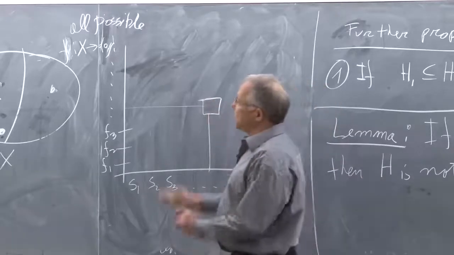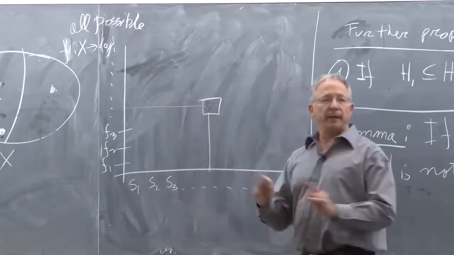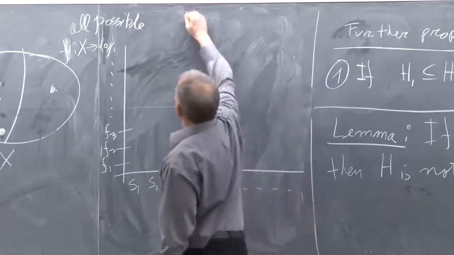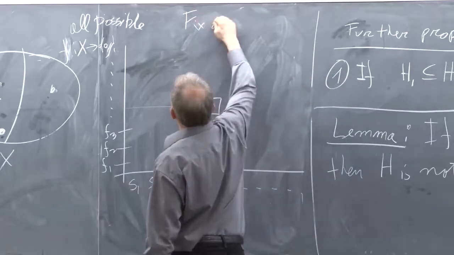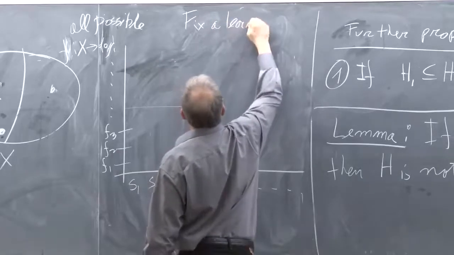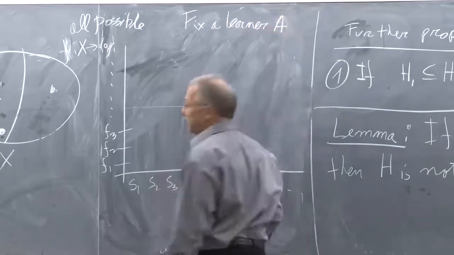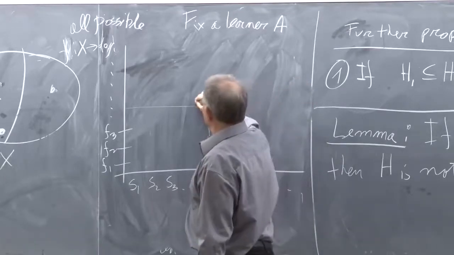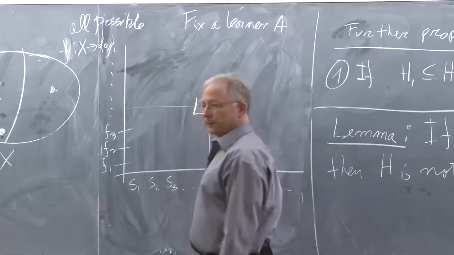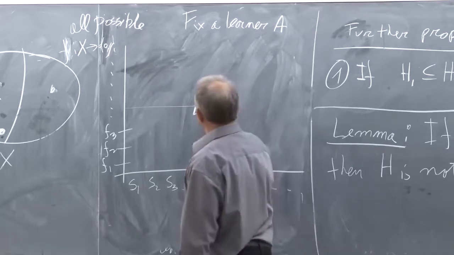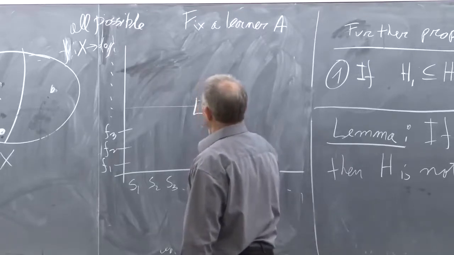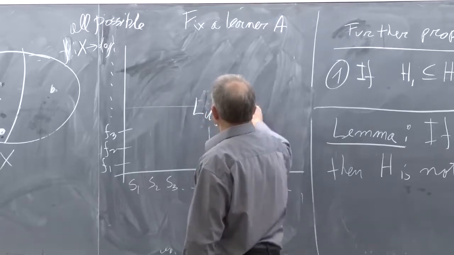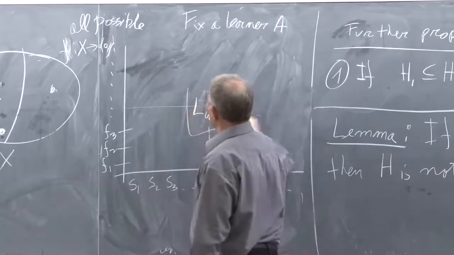So we want to show that every learner is going to fail. So we fix a learner A. And what I'm going to write here is the loss with respect to the uniform distribution and the function f_i when I get as training the sample S_j.